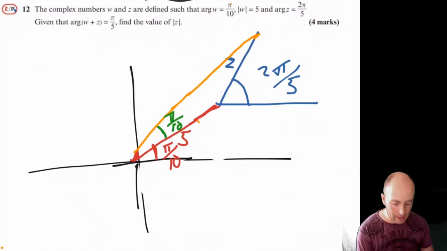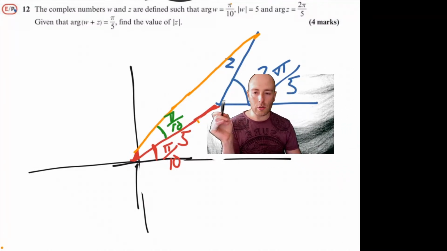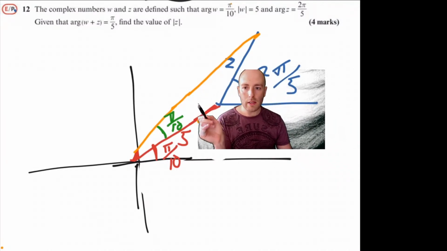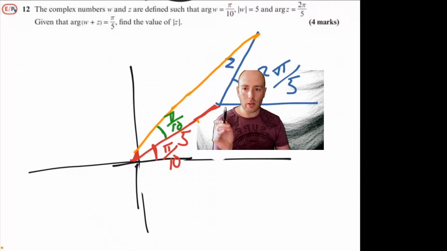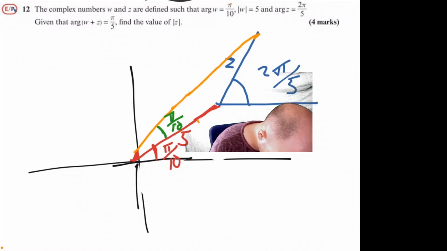So we can use these angles to try and, I know it looks like a, what's it called, triangle, but it's not. I can use this angle to try and find this enclosed angle, because I know that this one will make a Z angle there. That's how we do it. So if I put in there, that's a Z angle, that is also going to be pi by 10.